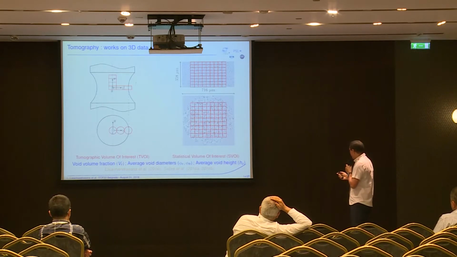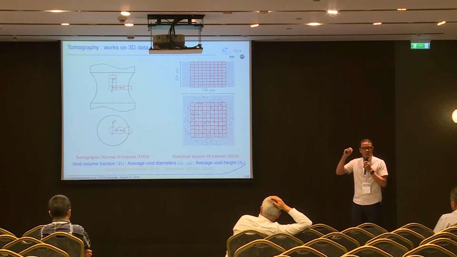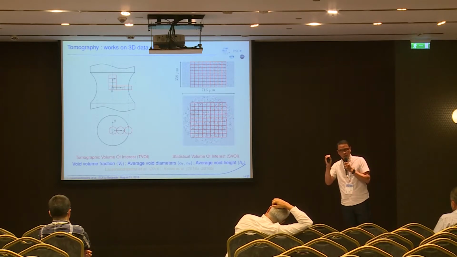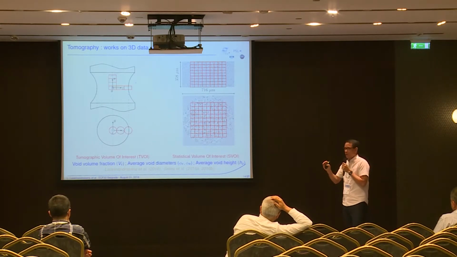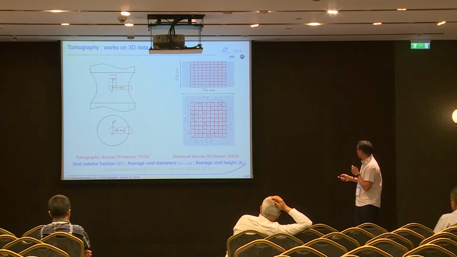From this SVOI, we can calculate the void volume fraction, because we can count the sum of the volume of voids inside, which are the black pixels here, and divide by the SVOI volume.